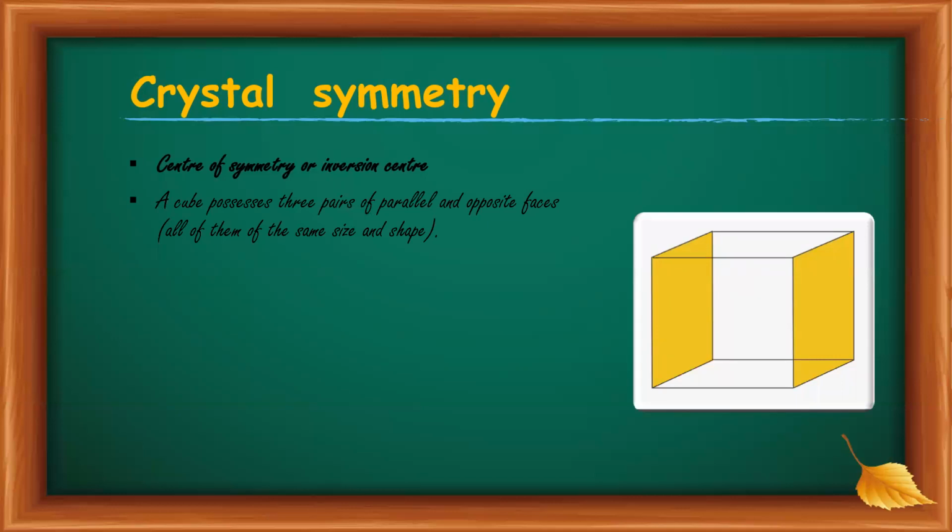In a cube, all of them are same size and shape. Hence, a cube is said to show a center of symmetry. It must be the body center of the cube. It is called a center of symmetry.